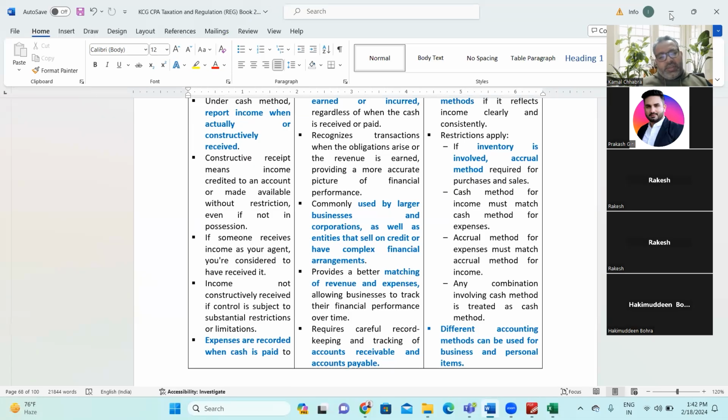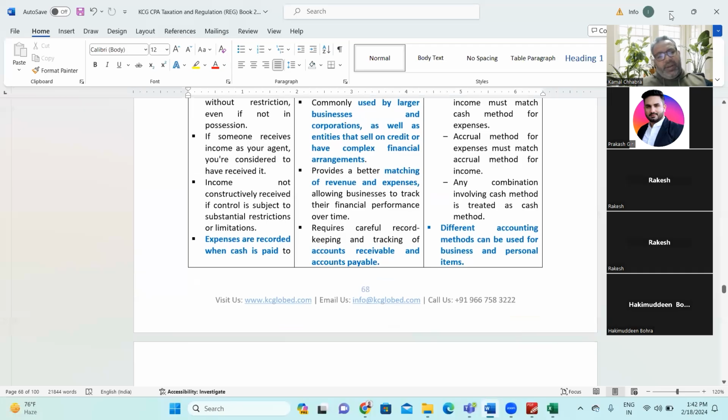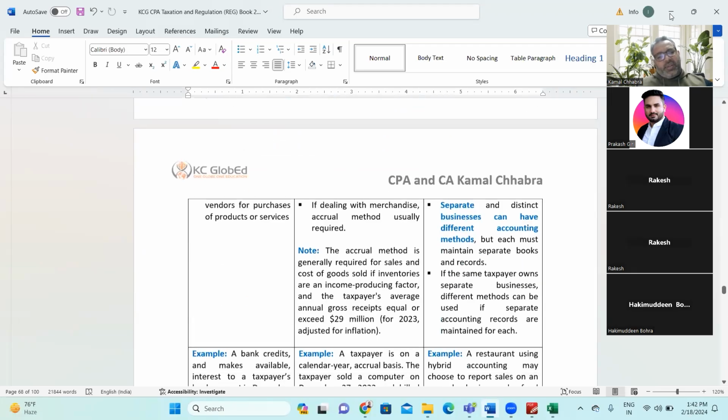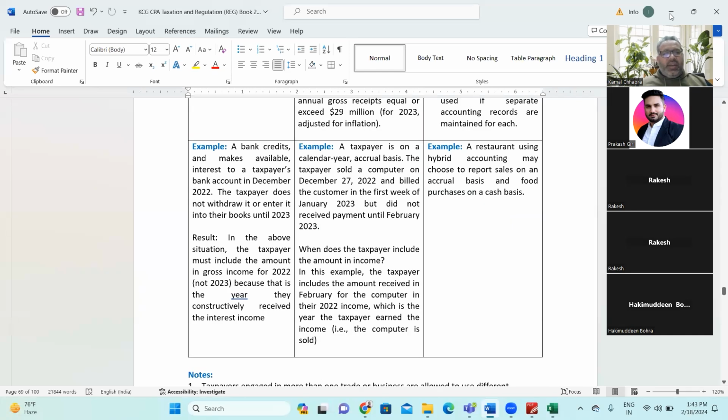So this is the fourth point here. Income is not considered to be constructively received if the amount is parked with certain restrictions or limitations, maybe in an escrow account. Expenses are recorded when cash is paid to a vendor for purchase of products and services. The example here is a bank crediting and making available interest to a taxpayer's bank account on December 22.